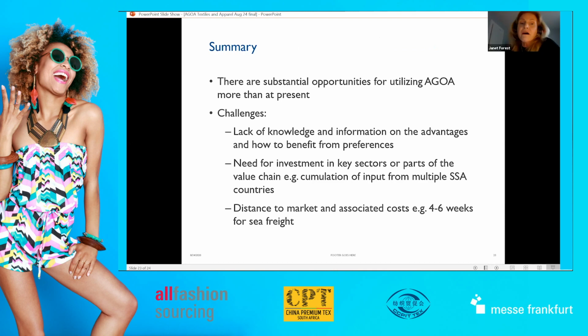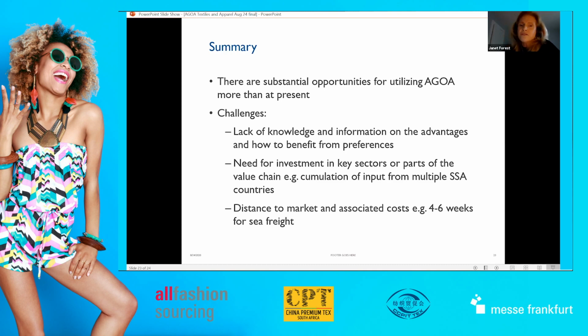To summarize, there are many opportunities for using AGOA beyond what it is currently being used for. It's sometimes difficult to figure out the requirements and the forms, but once you can determine that, you can have a big advantage under AGOA, especially for textiles and wearing apparel.